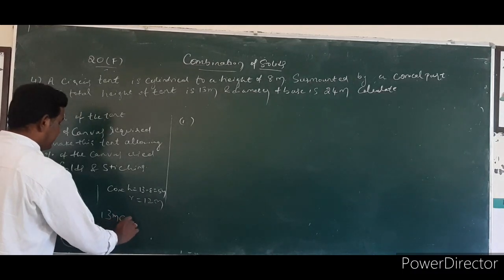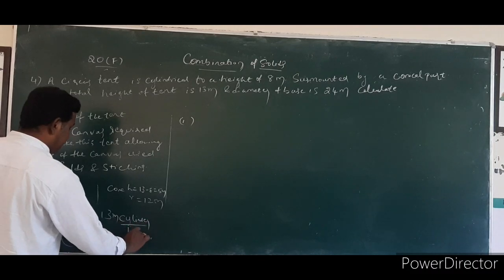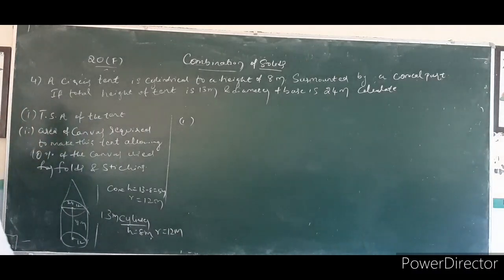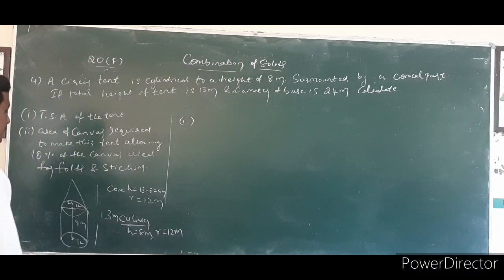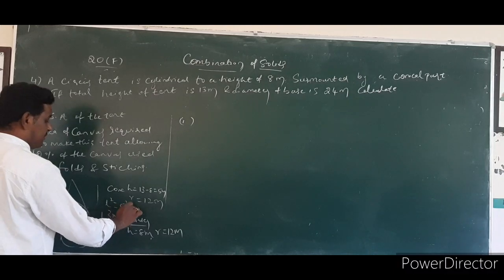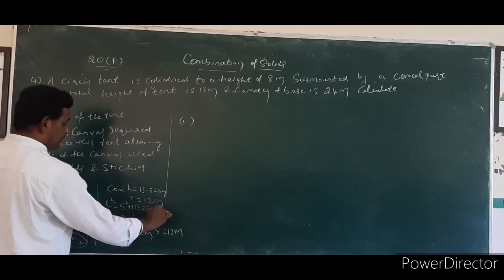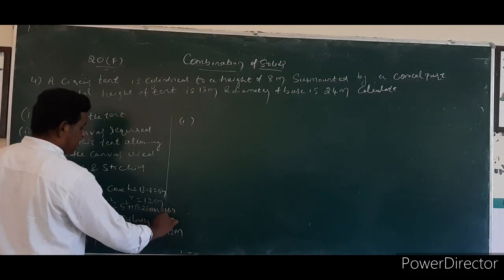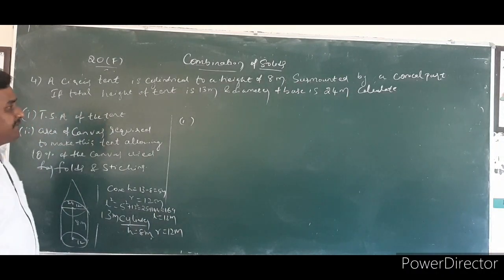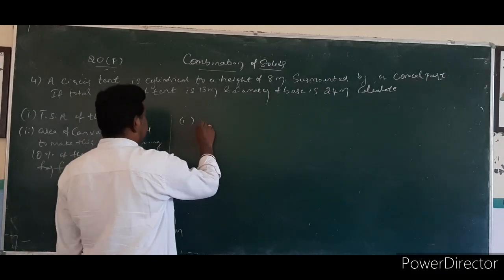For the cylinder, height is 8 meter and radius 12 meter. If you want to find l squared, it is 5 squared plus 12 squared, 25 plus 144 is equal to 169, so l is 13 meter. First you have to find the total surface area of the tent.